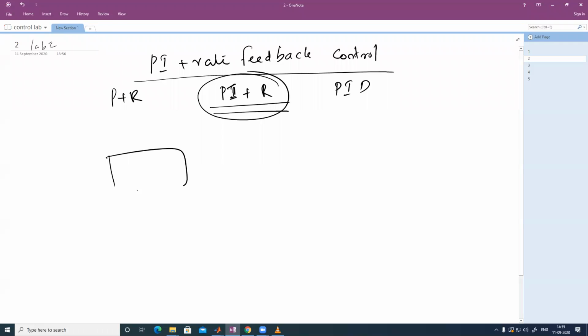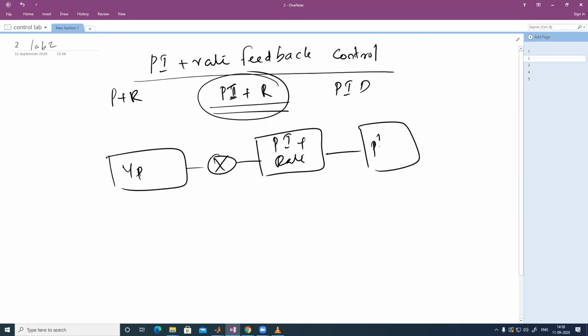So your input will be there, comparator will be there, and your P plus I plus rate feedback, and your plant will be there, with omega and theta.